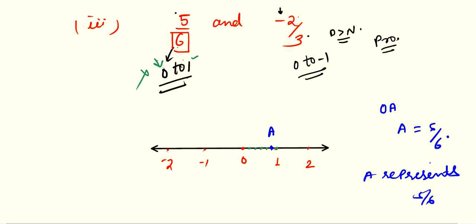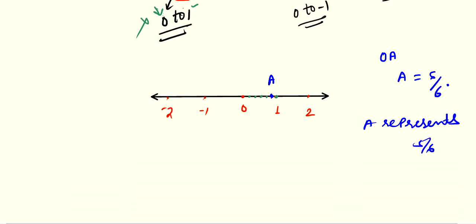Now on another number line, minus 2 by 3. So for that minus 2 by 3 जो है वो 0 और minus 1 के बीच में आएगा. So for that this is 0, this is minus 1, this one is minus 2, plus 1, plus 2, 0 और minus 1.